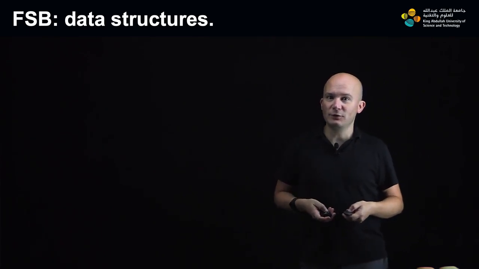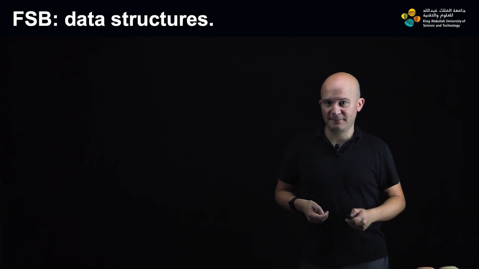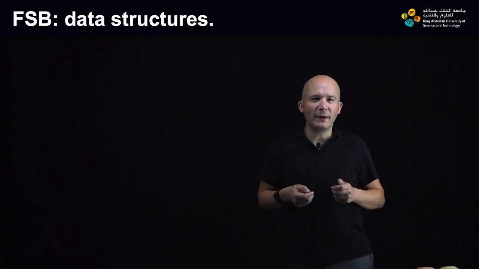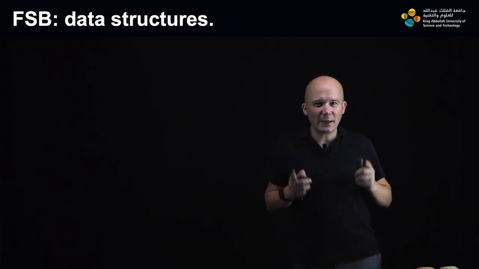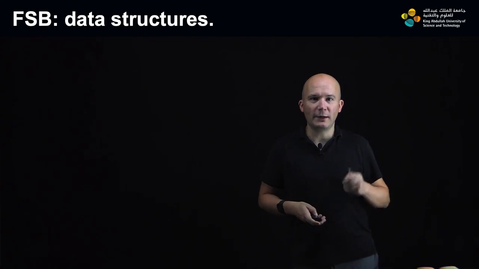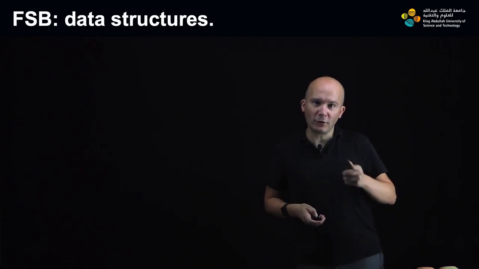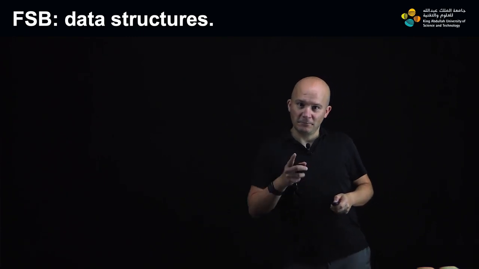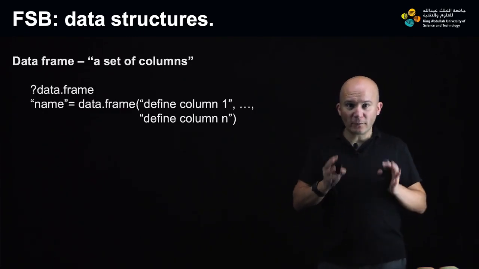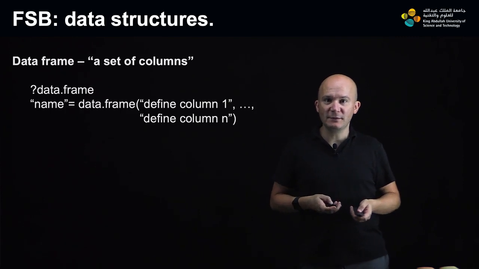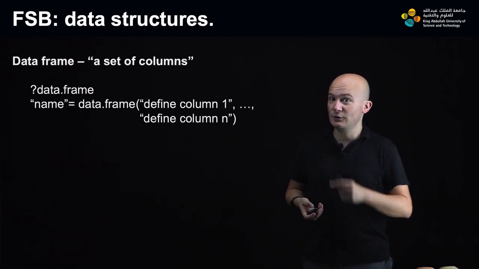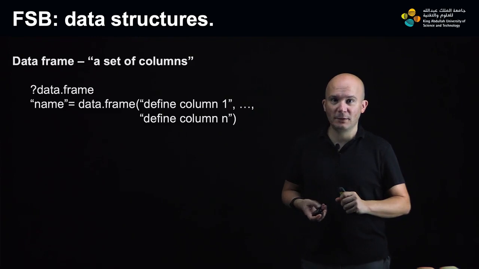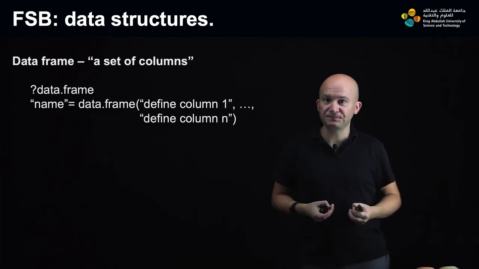In R, we can use what we call data frames. You can think of data frames as a collection of columns, where every column can be a vector of different types. Two things. To have all the information about generating data frames, as always, you can use question mark data frame, and you will get a lot of information.